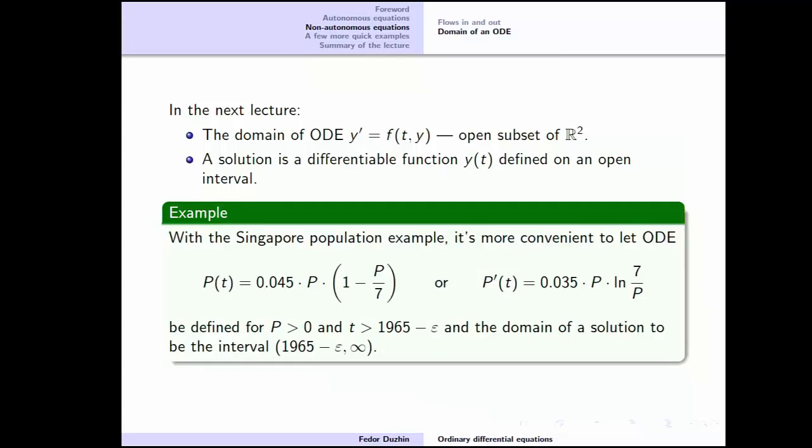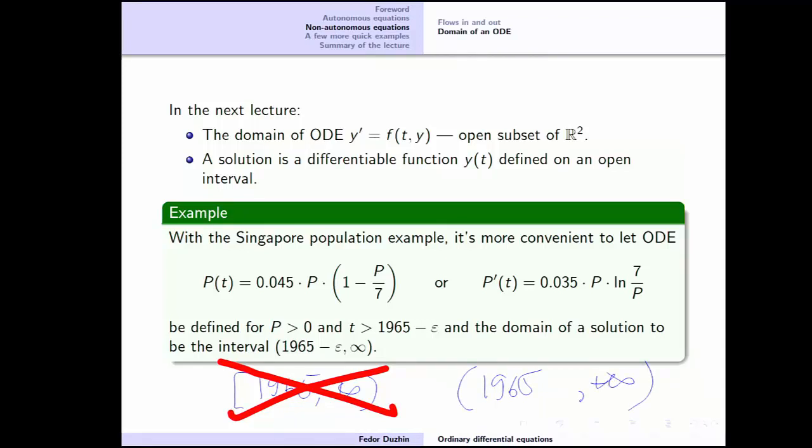Which means that in the previous example, it is more convenient to assume that the interval for t where the solutions live is not the closed interval from 1965 to infinity, but rather an open interval from 1965 minus epsilon to infinity.